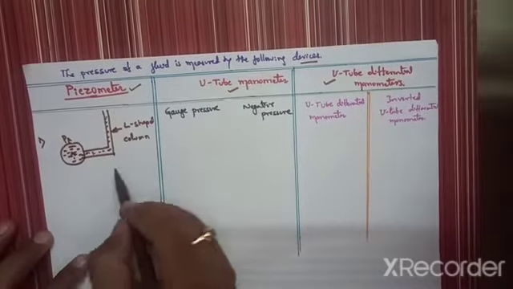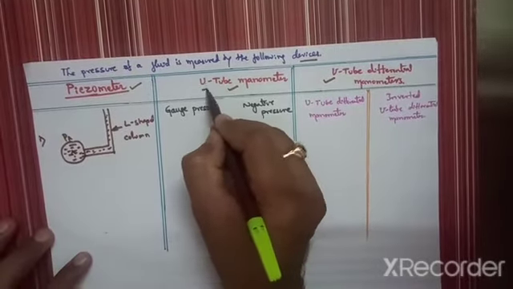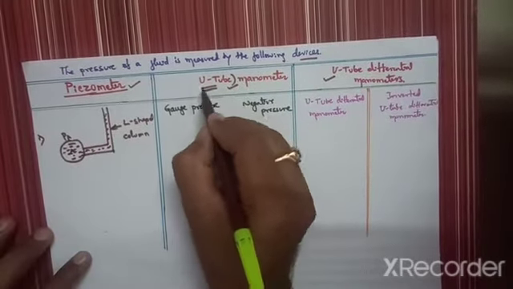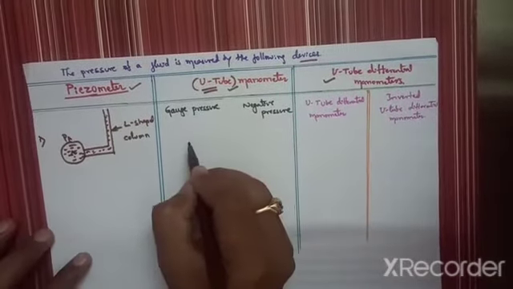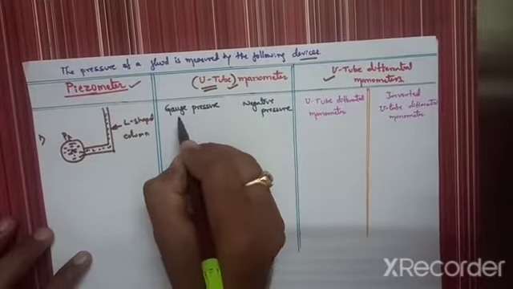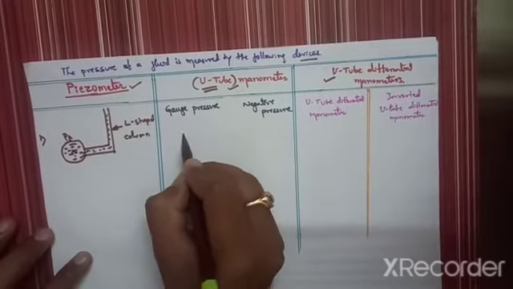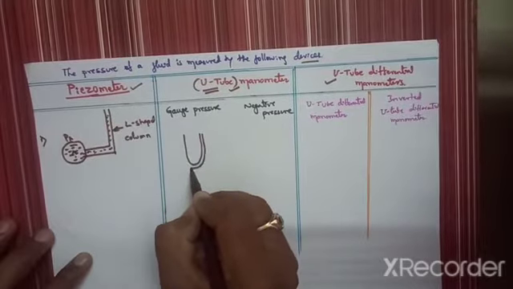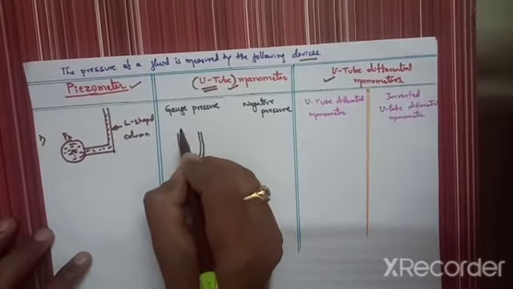In the U-tube manometer, as the name indicates, the shape of the manometer is U-shaped. There are two types, so we'll discuss later. Here the shape is U-shaped, that is the first difference.